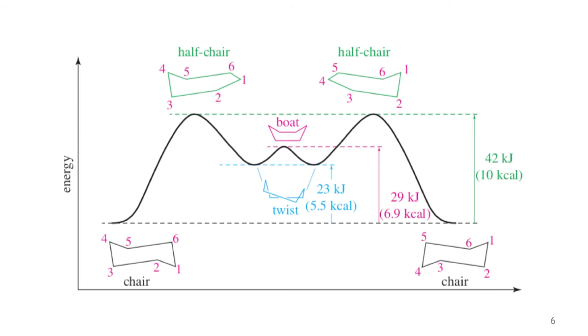So the first thing that happens is what I had mentioned before, which is essentially the footrest begins to move upward. In this case, that means carbon number 1 moves up. And that brings us to the highest energy of this, the reason for the activation energy of about 10 kilocalories per mole, and that's this structure. This is known as a half chair. This is a transition state, not a stable structure.